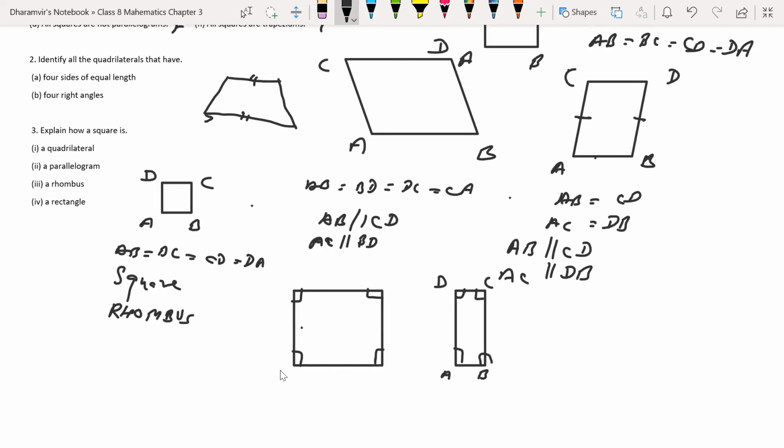It's a rectangle and it becomes a square. ABCD, angle A, angle B, angle C, angle D is 90 degrees. The quadrilaterals that have four right angles are square and rectangle. The answer of this is square and rectangle, and for equal sides, square and rhombus.